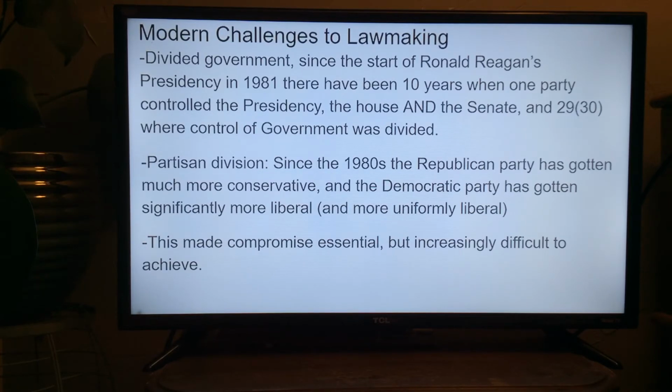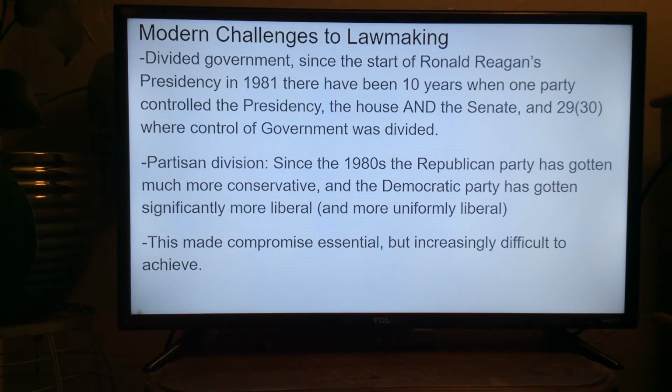But we've had 29 years, it's going to be 30 years, where control of government was divided. And I say it's going to be 30 years because this is the 30th year. It'll switch over early in 2021, depending on what happens in the election this fall. But 29 years where control was divided.